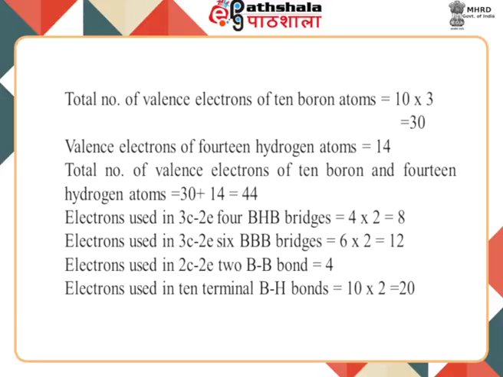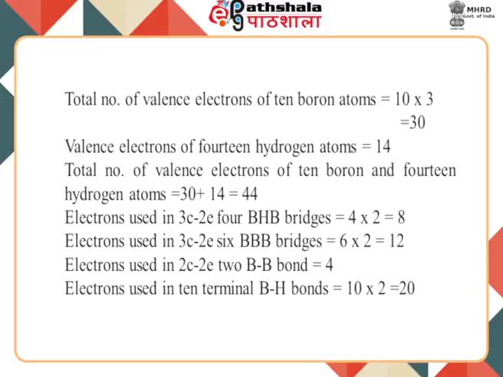So, the total number of valence electrons of 10 boron atoms is 30. Valence electrons of 14 hydrogen atoms will be 14, and the total number of valence electrons of 10 boron and 14 hydrogen atoms will be 44. So, the electrons used up in the 3 center 2 electron 4 BHB bridges is 8.